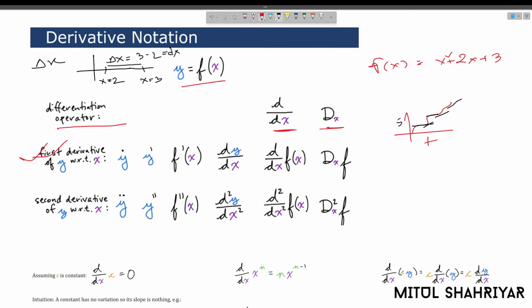Now what do we call v? How do we get v? We get it by del s by del t. We can call it ds by dt, right? This is v. Obviously, we can again call this ds by dt as s dot, something like that.